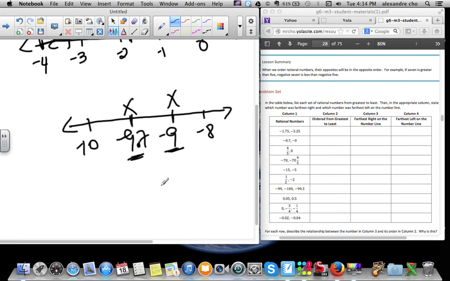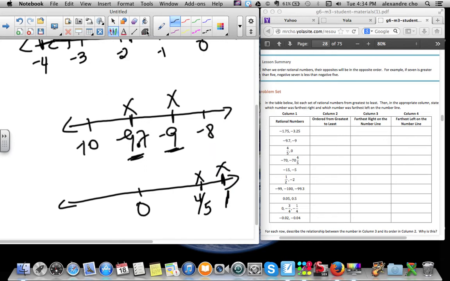For the rest of them, if you put them on the number line, it makes life easier. You can actually see. So I'll do one more here. Here's 0, here's 1, and 4/5 is about here, not exactly 1, but here. Let's make an X for both spots. We're comparing 4/5 and 0.